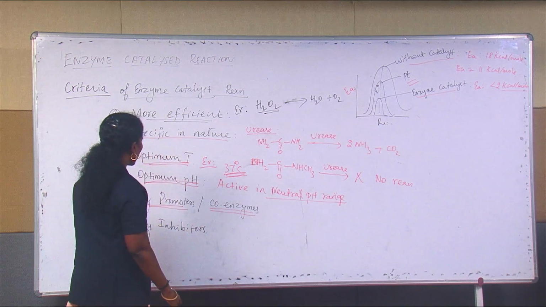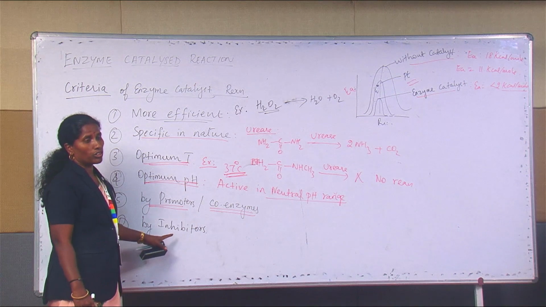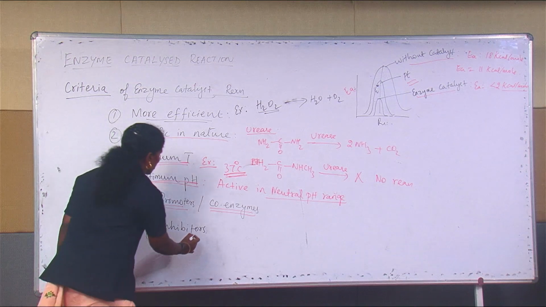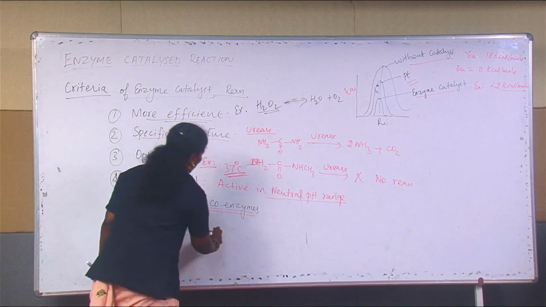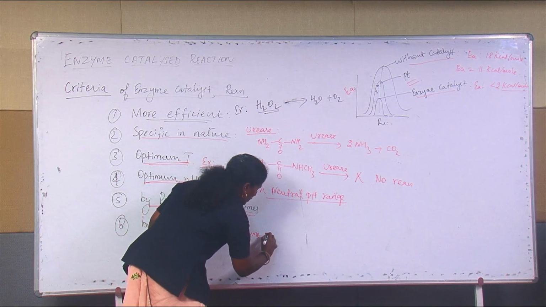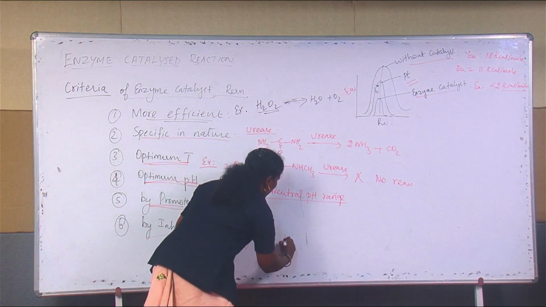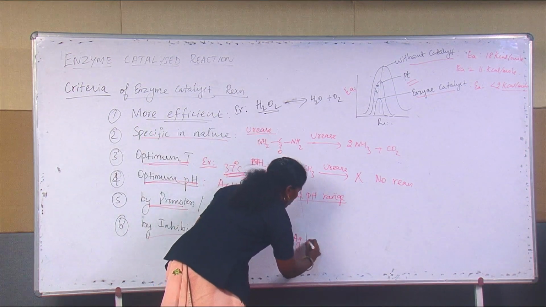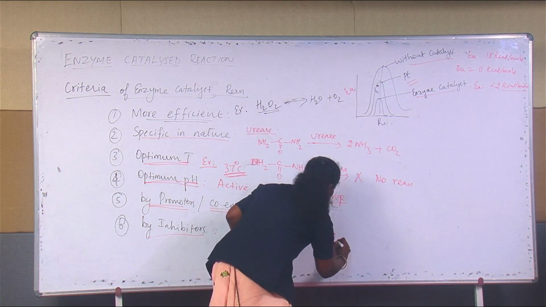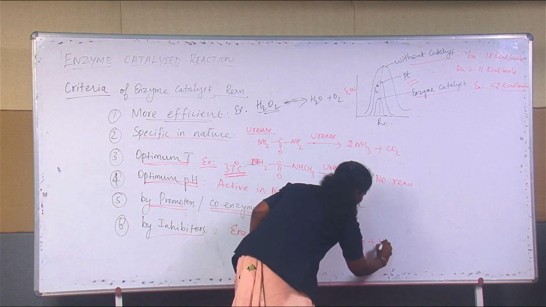Inhibitor means if you add a substance which decreases or inhibits the rate of the reaction, that is called an inhibitor. So examples for inhibitors: enzyme having a thiol group, SH group, if you add silver, silver removes the H plus.